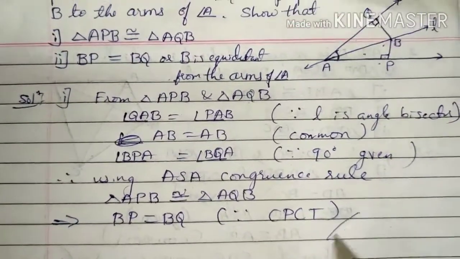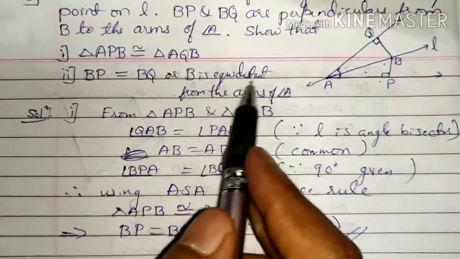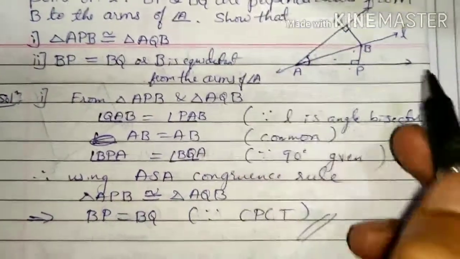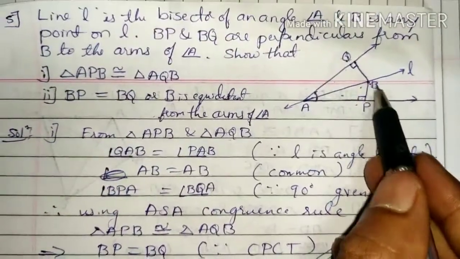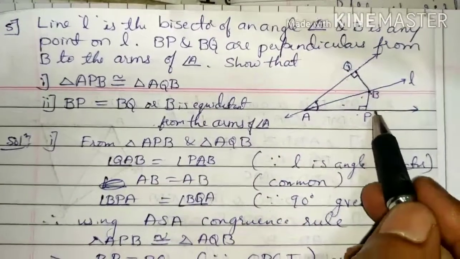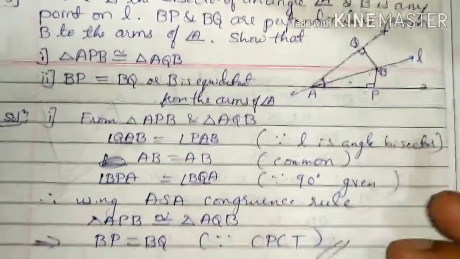That is the meaning of B is equidistant from the arms of A. If you consider the distance from this line to these two lines, then the distance will be the same. So that is the meaning of this.